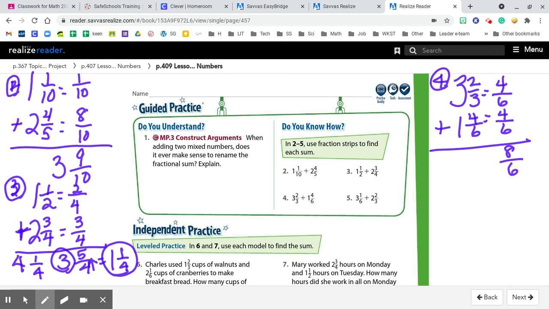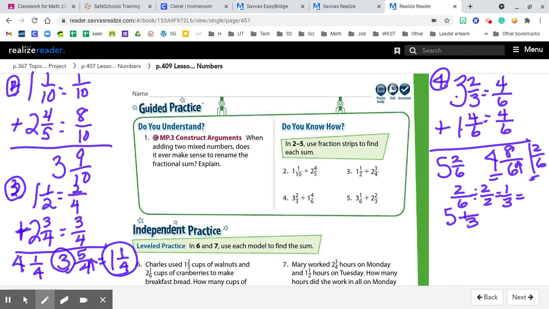I know that's an improper fraction, but let me get my whole numbers in here. 3 plus 1 is 4. So I have 4 and 8 6s. Jam that 6 up into the 8. It goes in one time, and there's 2 little guys left over. So it'll be 5 and 2 6s. But remember, even number. So I can reduce that. My final answer will be 5 and 1/3.